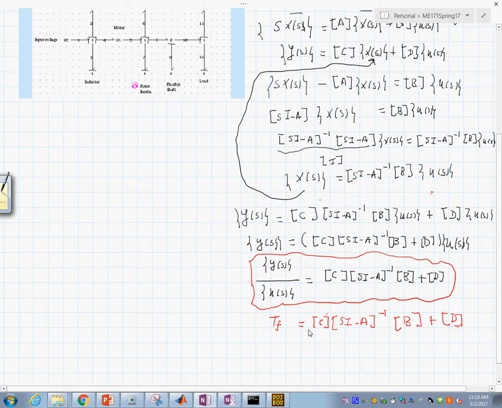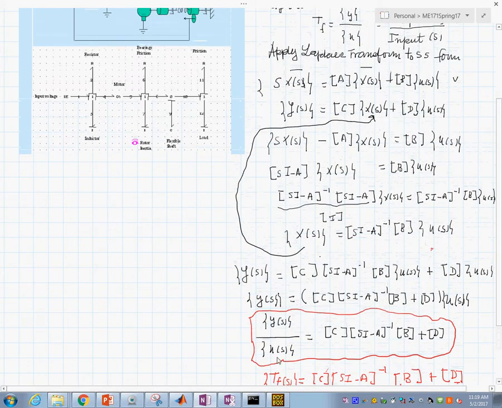But obviously this transfer function of s needs to be a vector. Yeah? So we can get several transfer functions as a result of this, because you can see that the transfer function is a function of the matrices.